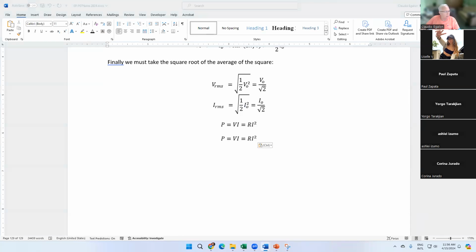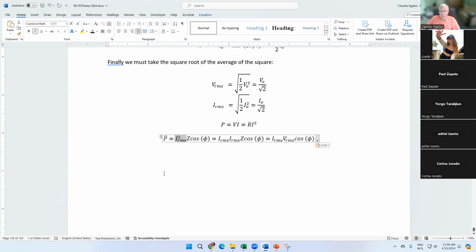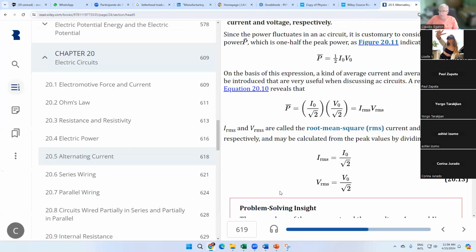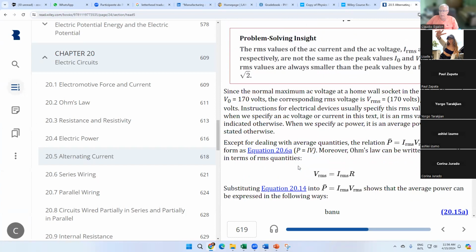Because we have a square I here, we end up having a root mean square value. The resistance becomes this term multiplied by the cosine of the phase angle.